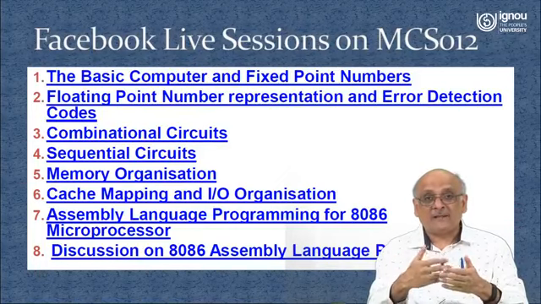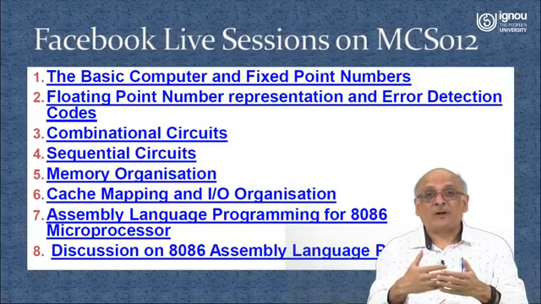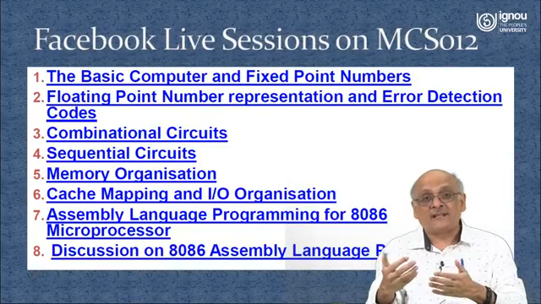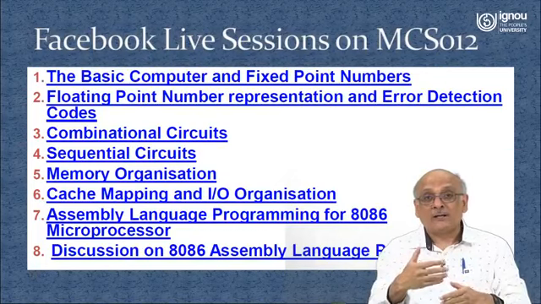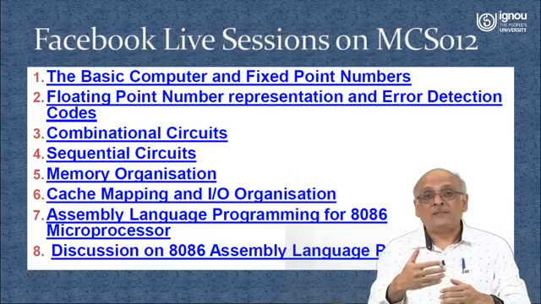So that gave us an idea of what machine instructions for the 8086 look like. Therefore, you will find that whatever we cover in this block will be somewhat easier for you to understand.